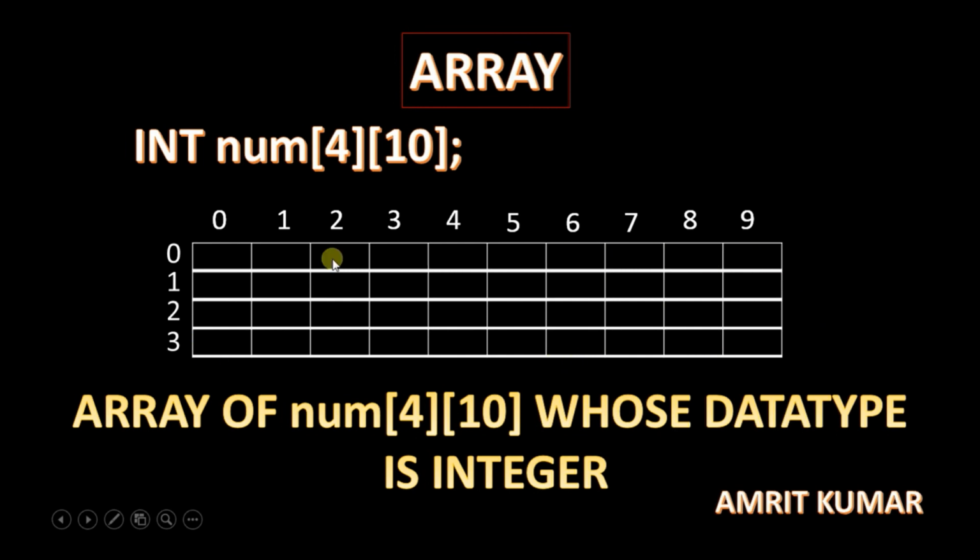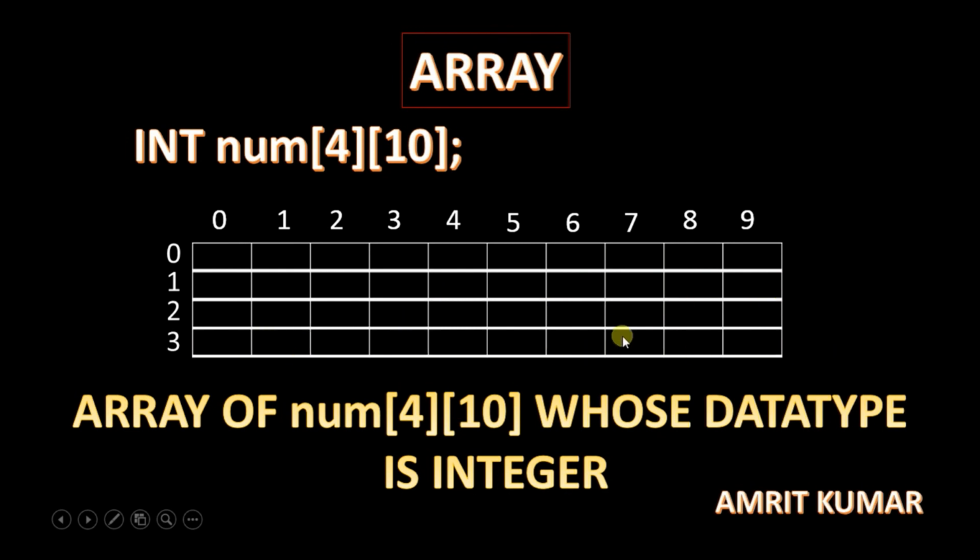It allocates this area, creating a table in the RAM. 4 rows and 10 columns are created. You can count also: this is row 1, row 2, row 3 and row number 4.